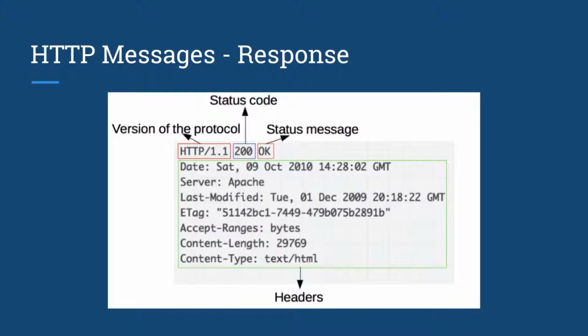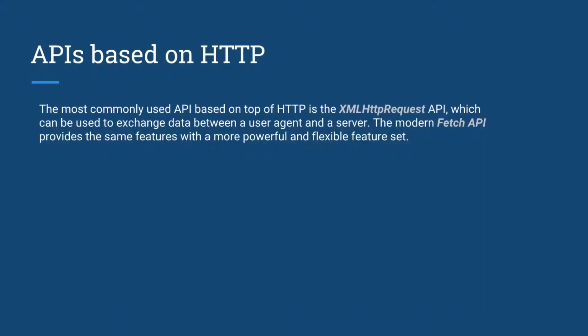Status message OK, and headers again. The headers sent from the server contain information such as the date, what server it is, Apache or Nginx, the last modified date of the document, and so on. The size of the document, the content type of the document, and so on.